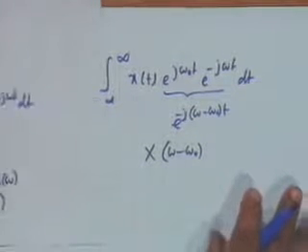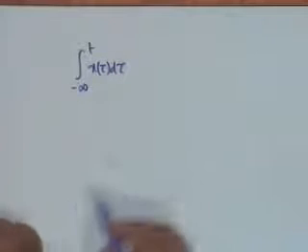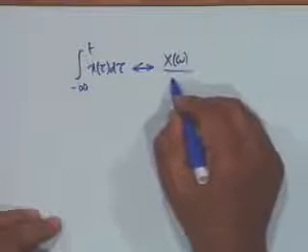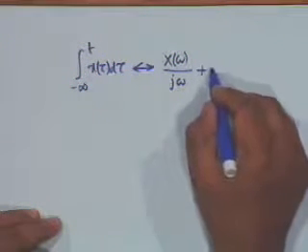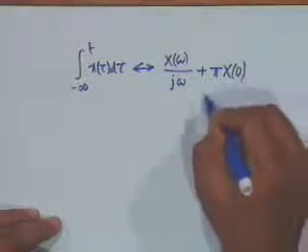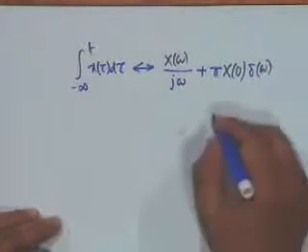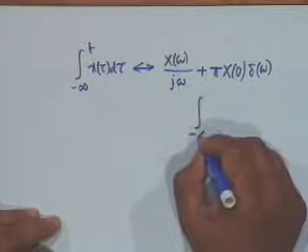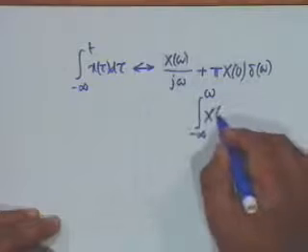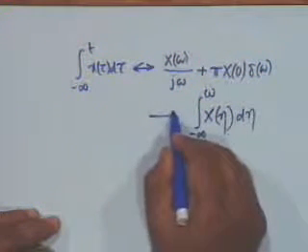And finally, you recall that if you integrate x of t from minus infinity to t, then the Fourier transform of this is capital X of omega by j omega plus pi X of 0 delta omega. Was there a pi? Yes. If I do this in the frequency domain now, integrating from minus infinity to omega of X of some arbitrary variable eta d eta, what shall we get here?